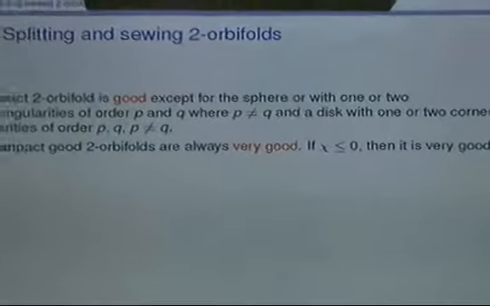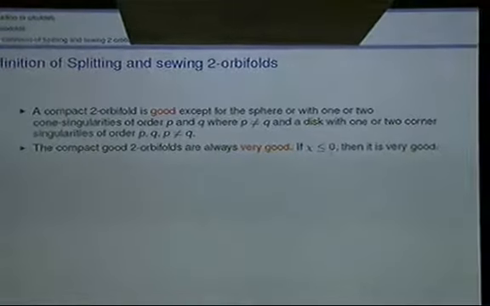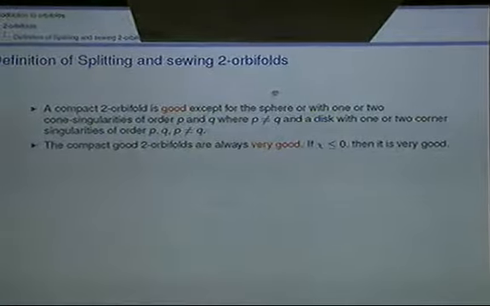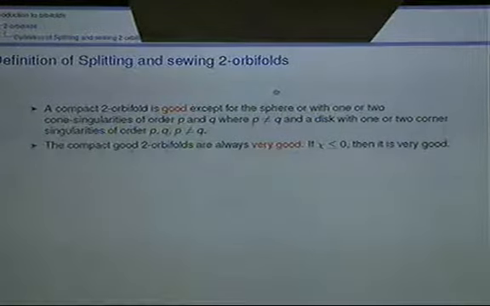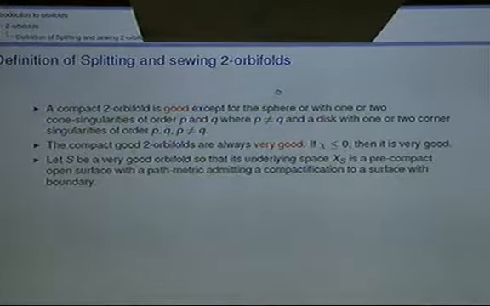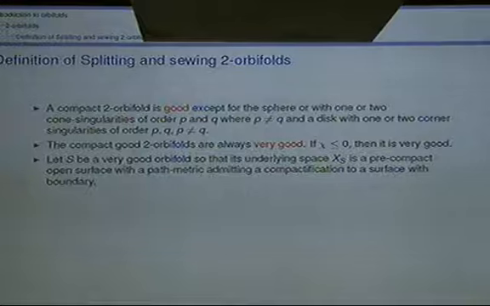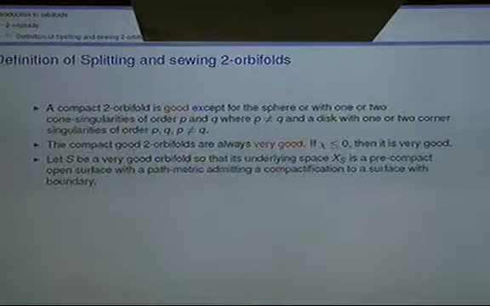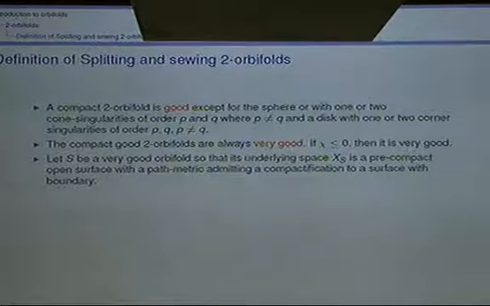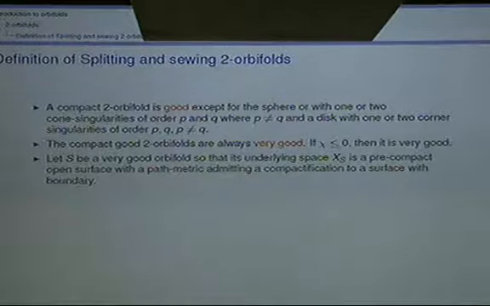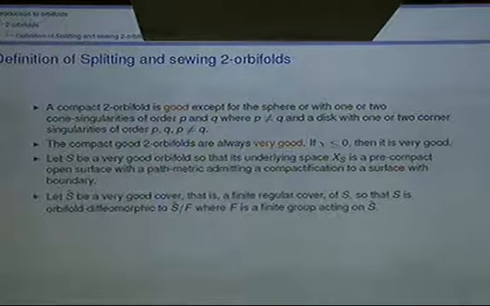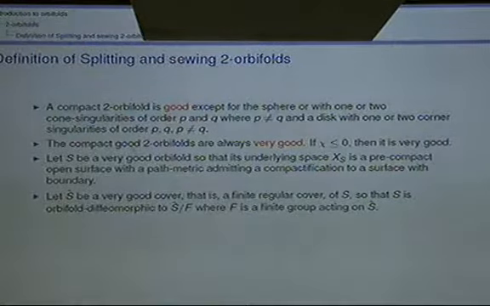So those are the classification. And so compact 2-orbifolds are always going to be very good if you have Euler characteristic less than or equal to 0. And so if you have a very good orbifold, where the underlying space is a compact surface with punctures, and you can compactify it, then you can find a very good cover, which is going to be a surface.